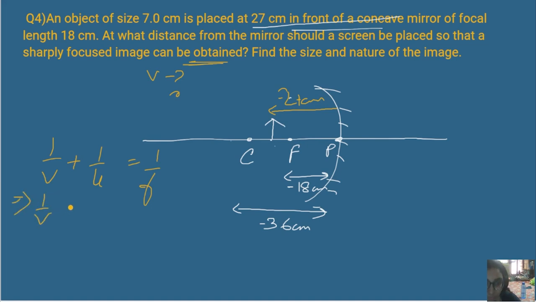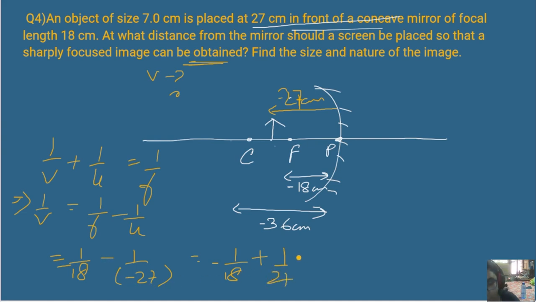We don't know v. So 1 by f minus 1 by u. Focal length is 1 by minus 18. Minus u is 27 centimeter, minus rather, so minus 27. 1 by minus 1 by 18 plus 1 by 27, because minus and minus gives us plus.